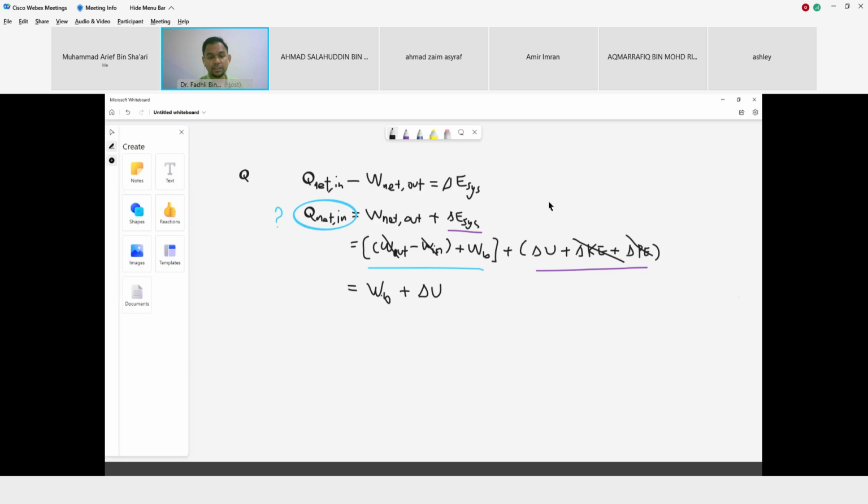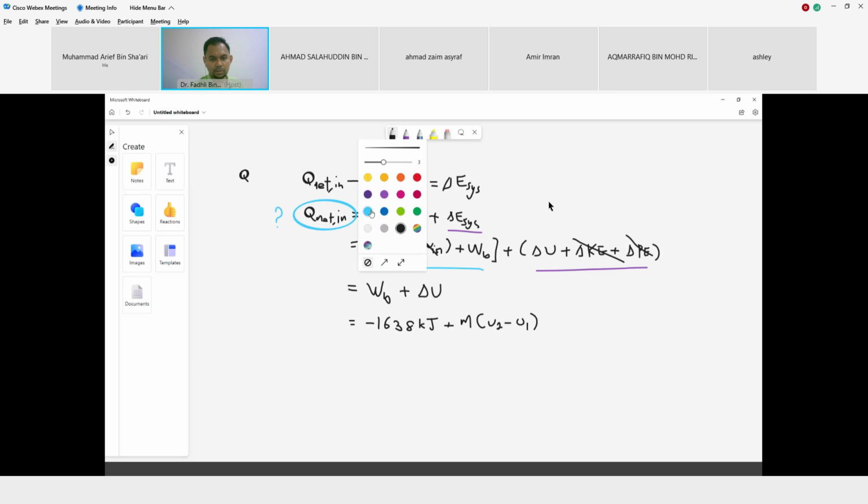So yang tinggal hanyalah W B, and the value is what? Minus 16 joule plus delta U, which is small u2 minus small u1.